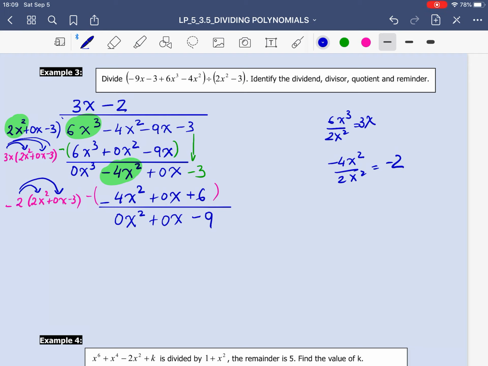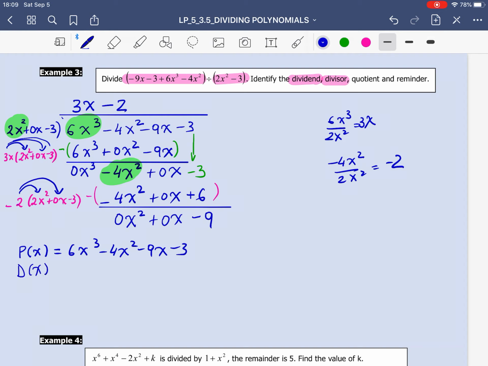So we're going to identify here the dividend. All right. So the dividend is this expression here. And we're going to say that the dividend p(x) is 6x cubed minus 4x squared minus 9x minus 3. And now it's time to identify the divisor. This is the divisor.